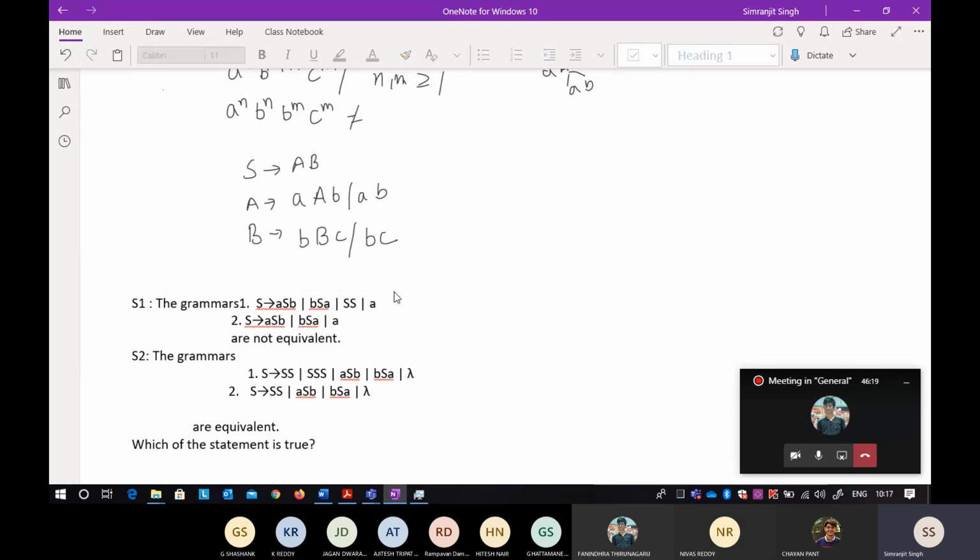So you have to check the equivalency yourself. How will you check the equivalency? You take the grammar and see that all the strings that are generated by the first grammar are also generated by the second grammar. In the same way, for the second one also you take it and see if it is possible or not. Okay, so just try it yourself.